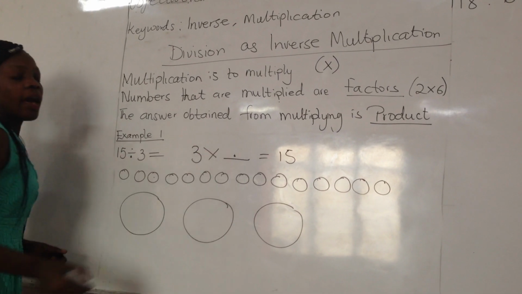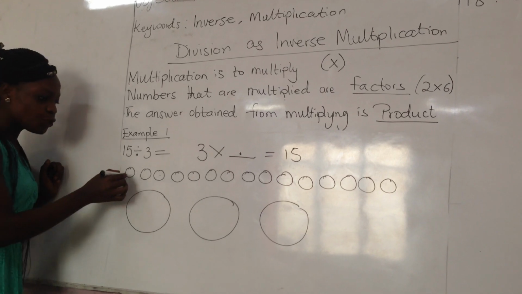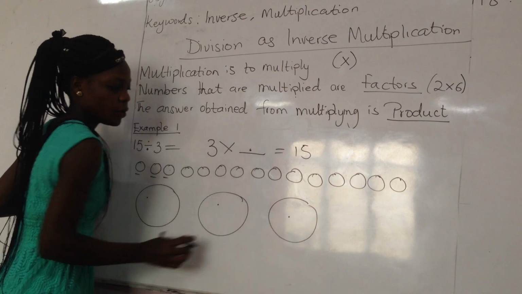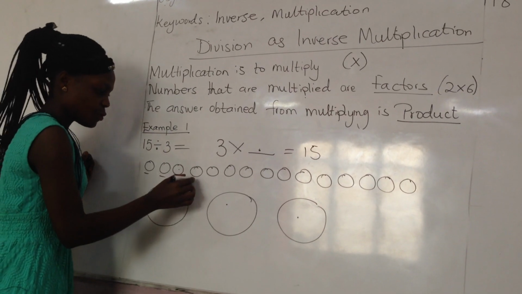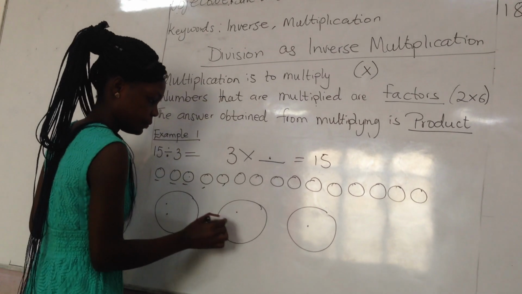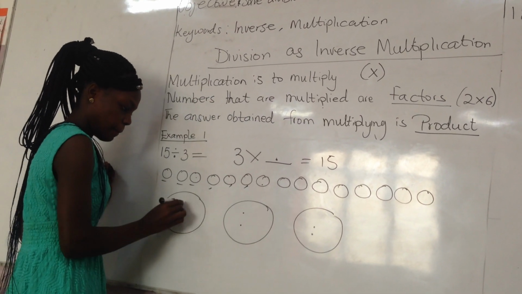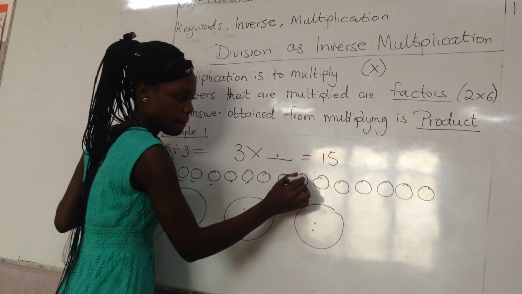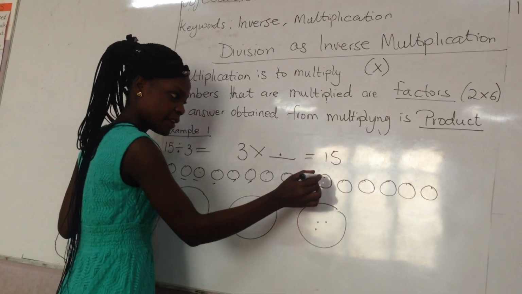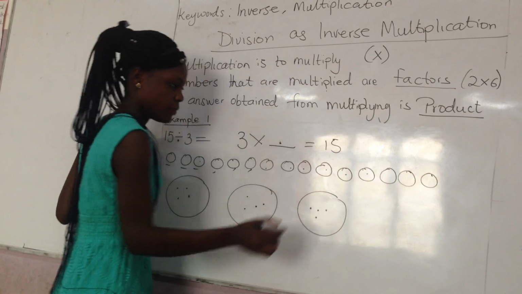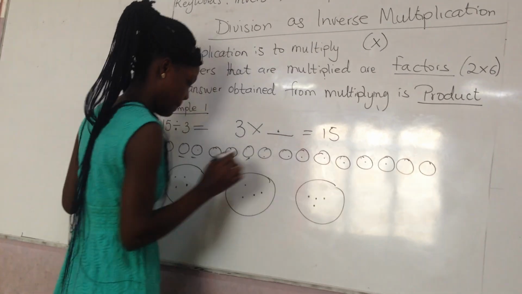That's when we will get our answer. We give each of them 1. Let's go again, another 1, and the last 1.